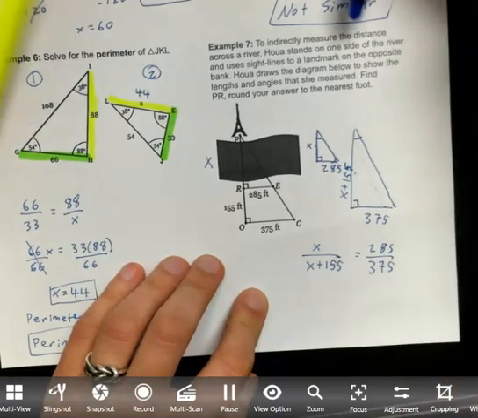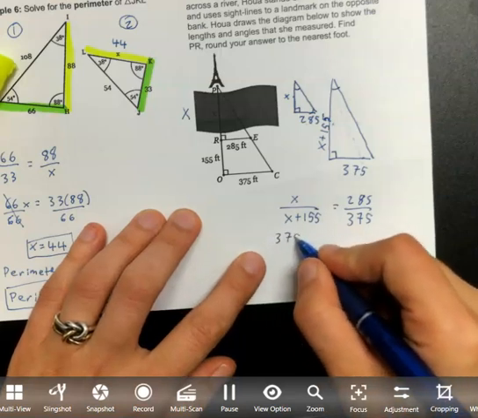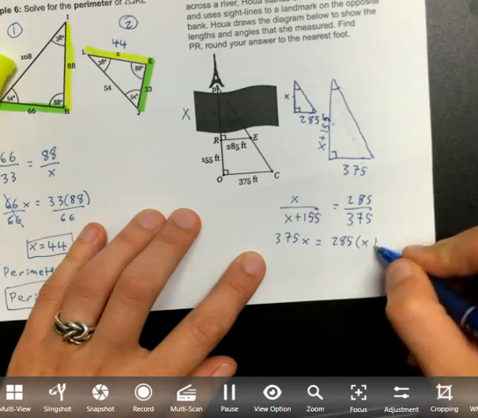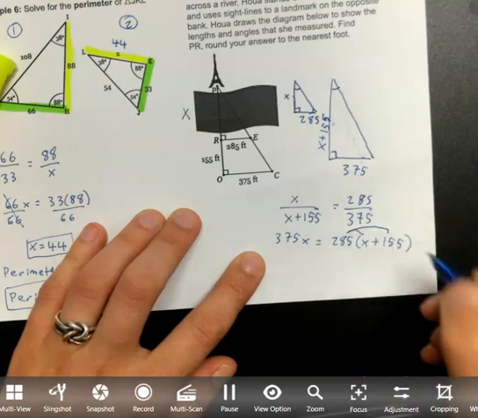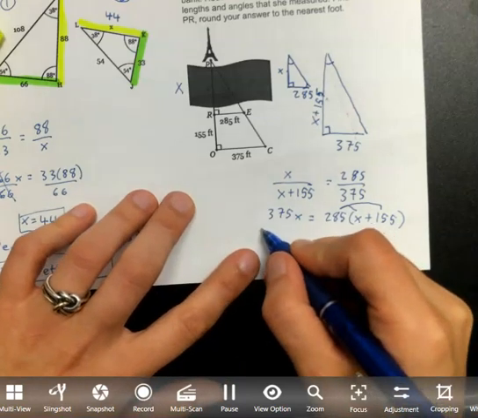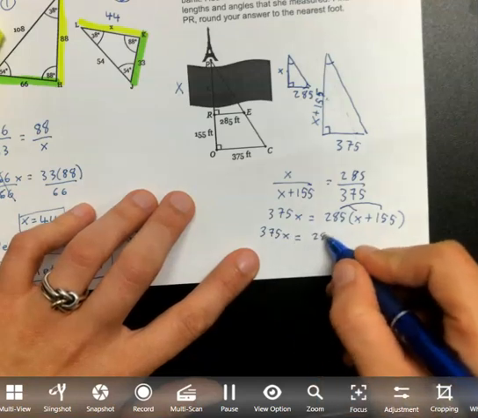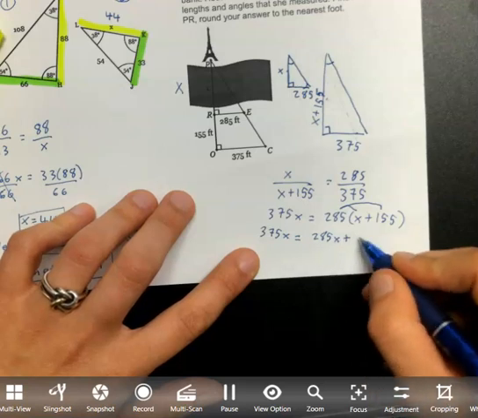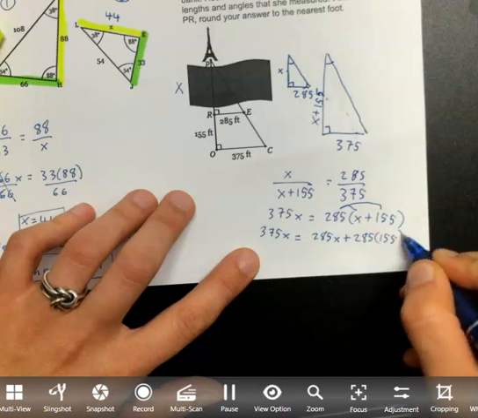All right, now cross multiply. When I cross multiply, I get 375 times x equals 285 times x plus 155. Well, notice I still have to distribute here. Okay? So when I distribute there, I get 375x equals 285x, and then right here, I get whatever 285 times 155 is.